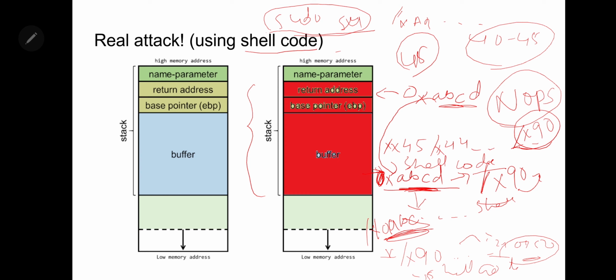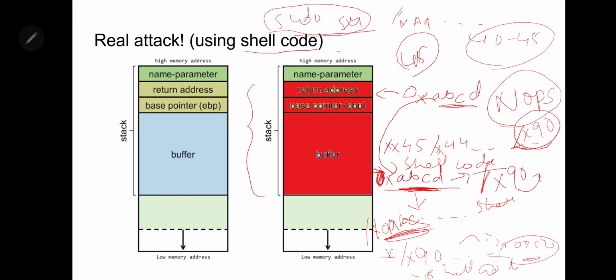Now this whole concept looks very simple. You have a buffer, you find out the length of the buffer, then based upon the length you insert some NOPs, and then insert some shell code to overwrite the buffer. Then you find out the address of the buffer where the NOP sled is, put that in the return address, and execute it.